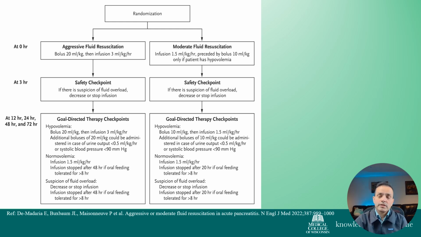Half that amount was given in the moderate limb. Every 3 hours they did a safety check for fluid overload, and at 12, 24, 48, and 72 hours they did goal-directed therapy checkpoints.